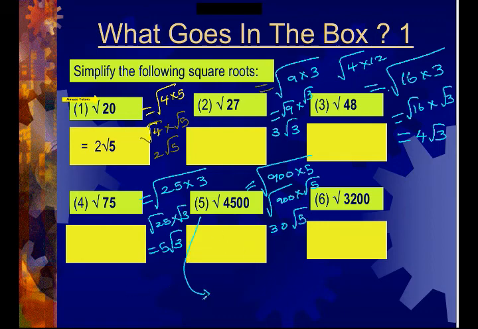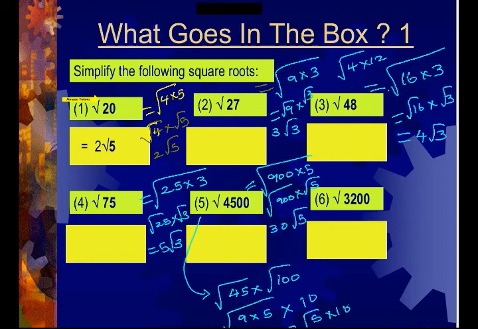Otherwise, the other method, 4500, and we know that 45, you again split it as 9 and 5. This is a 100. Square root of 100 is 10. Now 3 root 5 times 10, that is how 30 root 5. Are you following? So there are 2 ways to simplify.